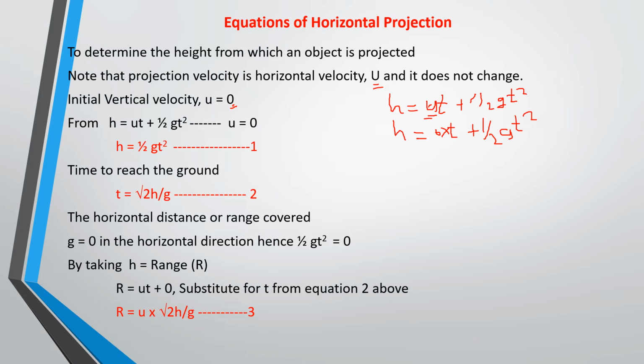Okay, so your h now will be equal to half gt squared. So this is your h. H is the distance, the height.